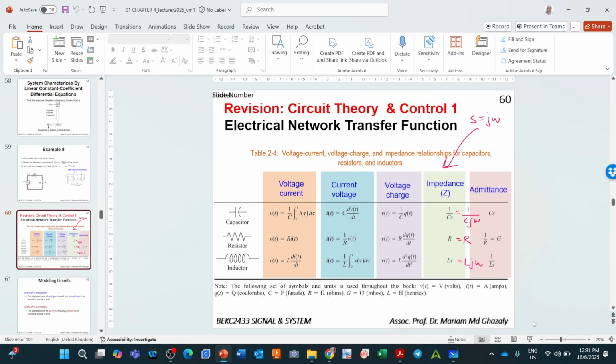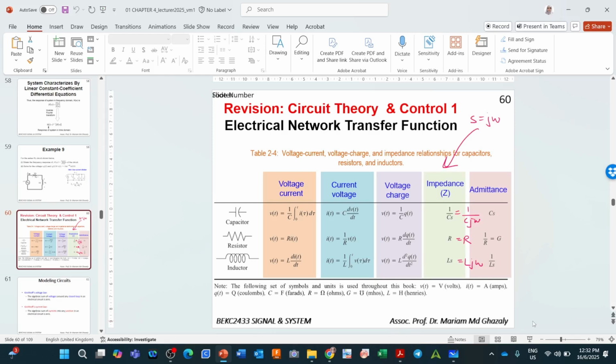ZC, the impedance, is given by 1 over CS in Laplace, and we just convert it to 1 over C j omega. For resistance, it is direct. There's no change, so if VR has a value of 2, then ZR is equal to 2 only.